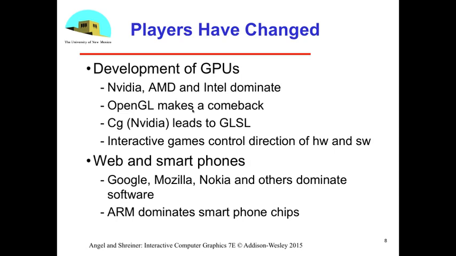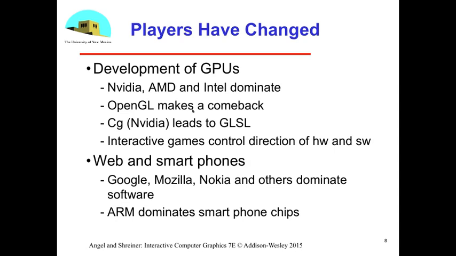Now, the important thing there is these are very low power. The thing that ARM knows how to do is develop low power chips. So as smartphones and other handheld devices become so much more important, ARM has become a major player in what's going on. So there's sort of this ARM Intel competition going on.